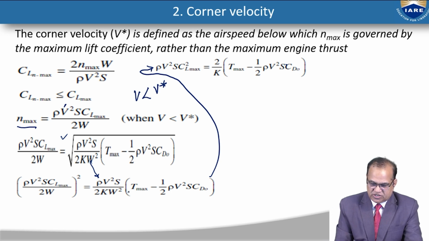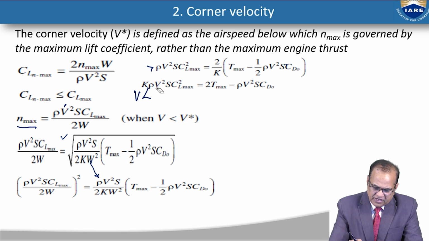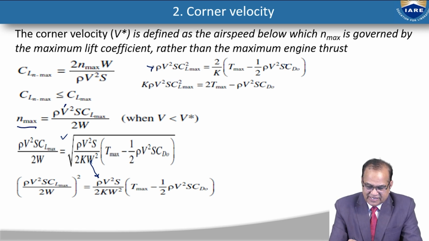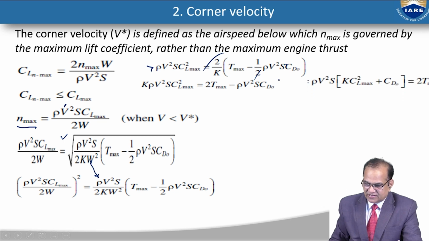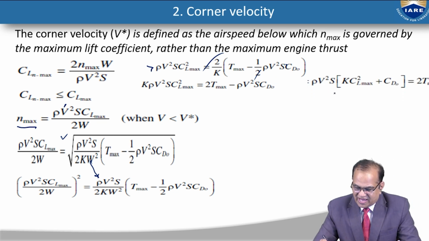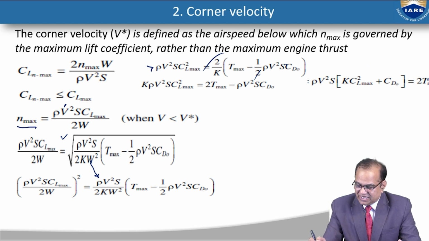So this W is removed from here, and we get 2 by K. Now K rho V square S CL maximum square is equal to 2T maximum minus this, and this cancelled, so rho V square S CD naught. So we can write rho V square S, K will go inside, KCL square plus CD naught, is equal to 2T maximum.